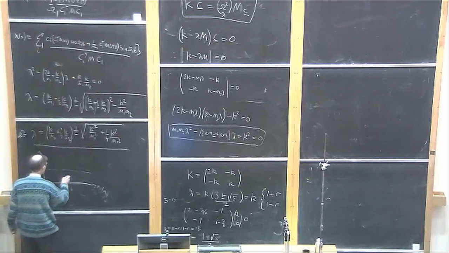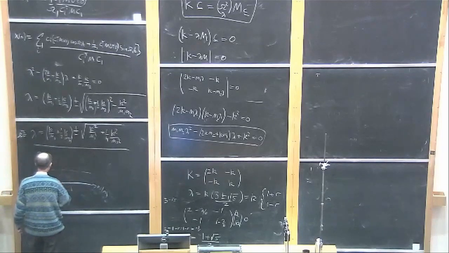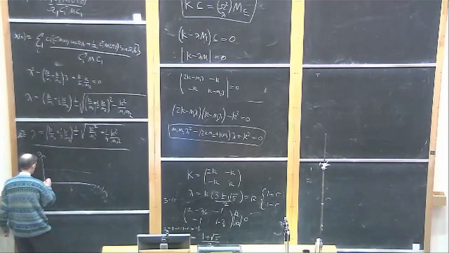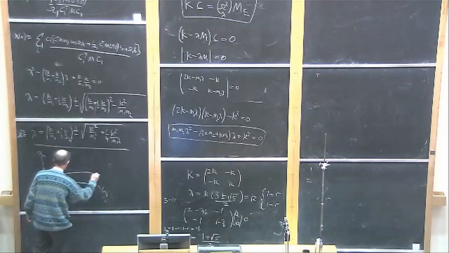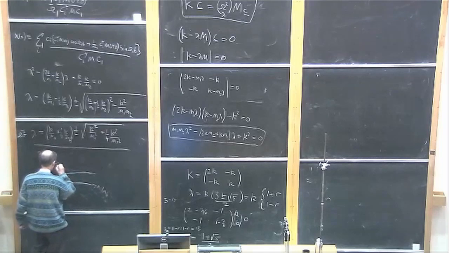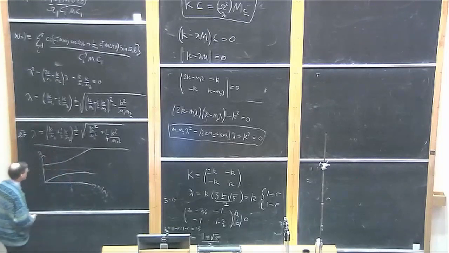So in the equal mass case, it looks something like that, you always get 2.